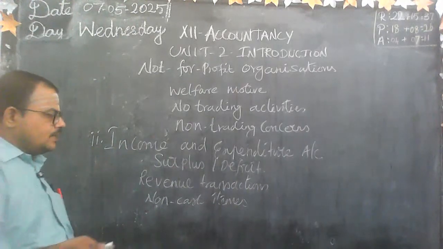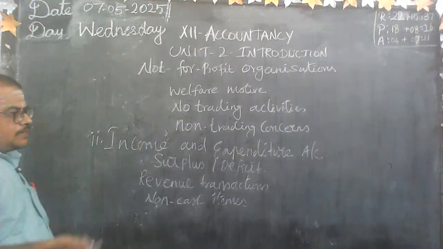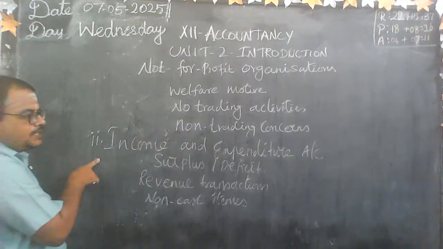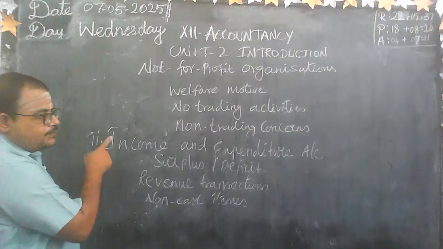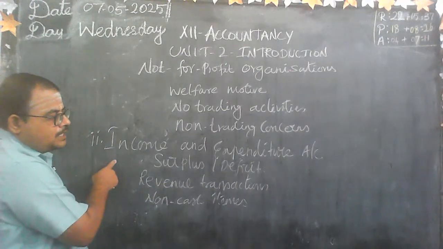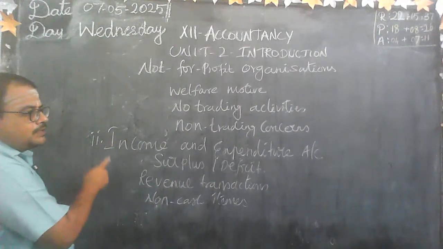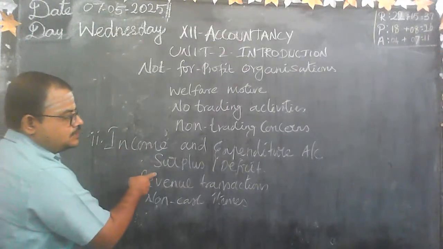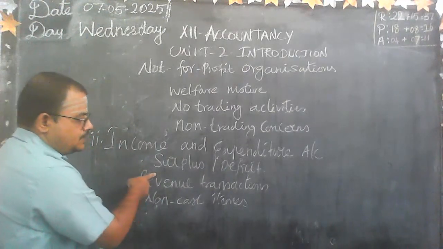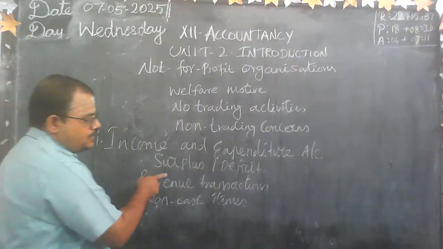Okay. So once again we are going to see about income and expenditure account. It is prepared at the end of every accounting year to find out surplus or deficit. What do you mean by surplus?